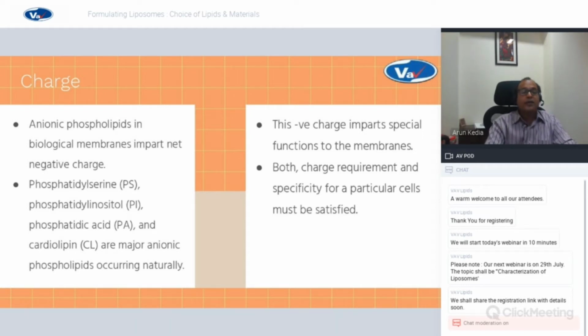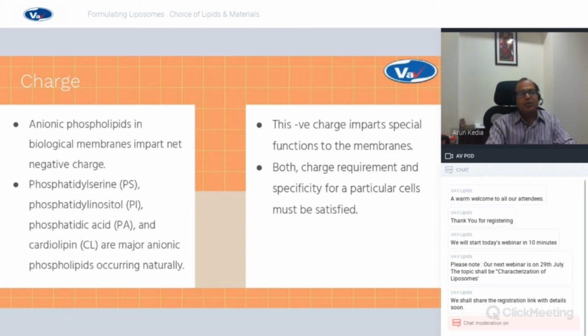Another important factor to consider is charge. Be careful, we are referring to the charge of the liposome here and not the zeta potential of the solution or the emulsion. So in general, anionic phospholipids in biological membranes will impart a net negative charge. And you see some examples: PS, PI, PA, cardiolipin.